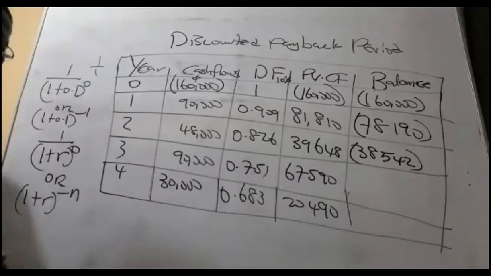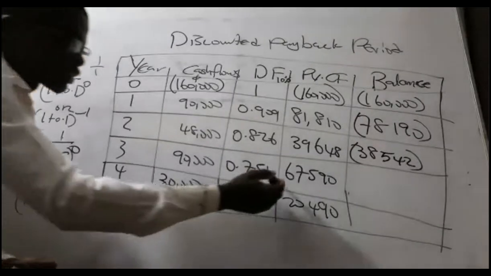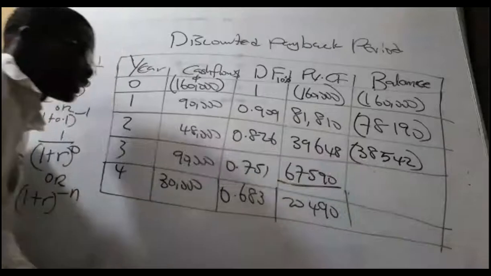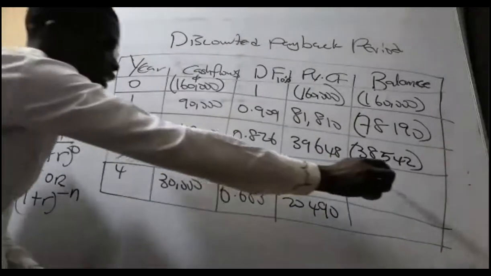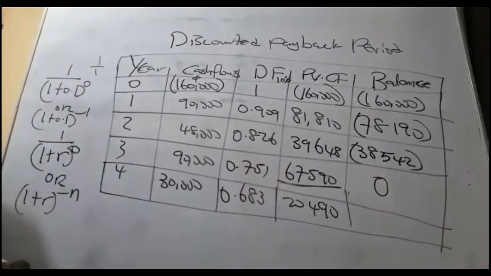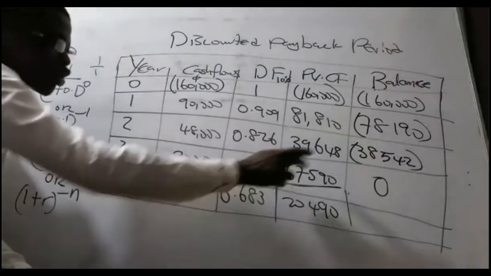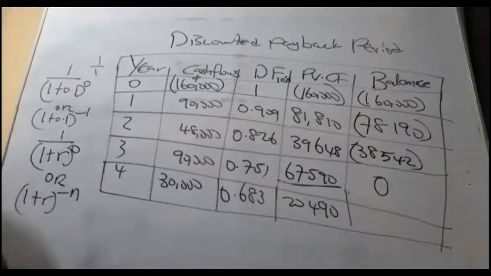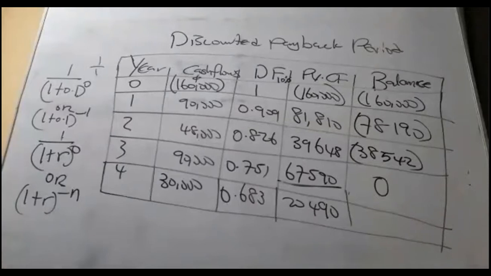Now, when we go to year 4, sorry, the third year, year 3, we do have 67,590. But we need only 38. So check: if what we have is more than this, then that means we will get some fraction.